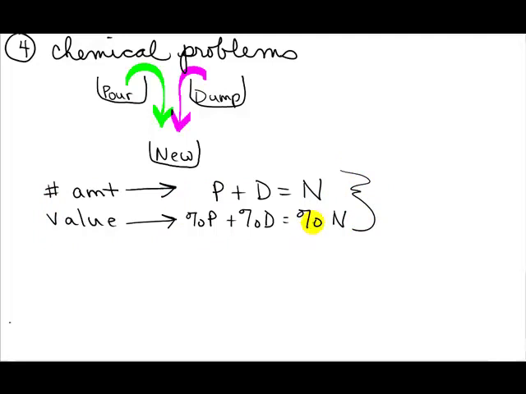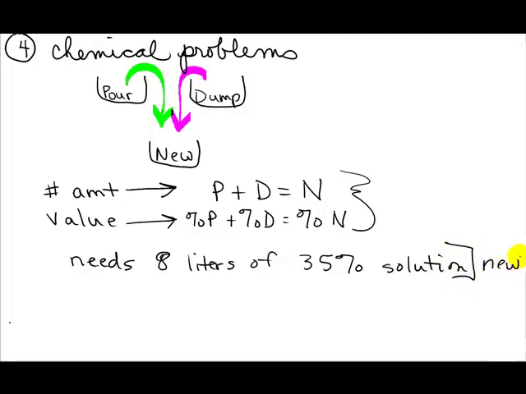So let's look at how we would set up number 4, and then we're going to do number 5. For number 4, when we're reading it, it says he needs 8 liters of a 35% solution.